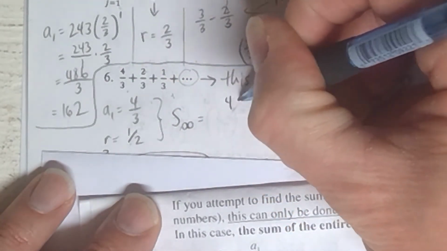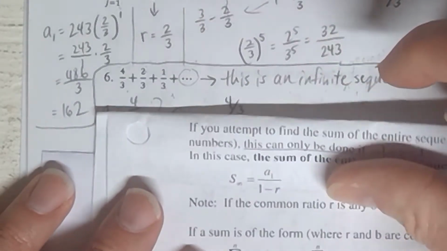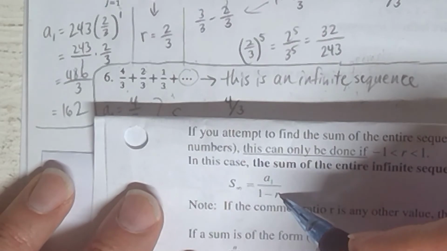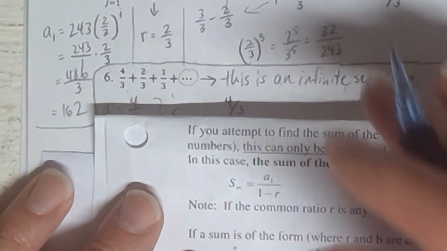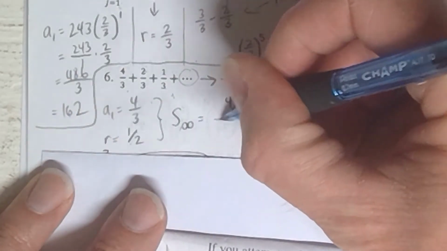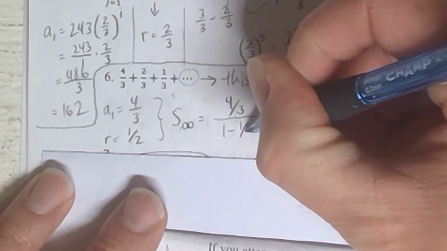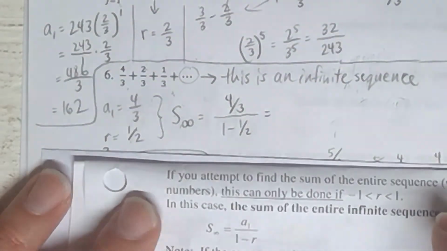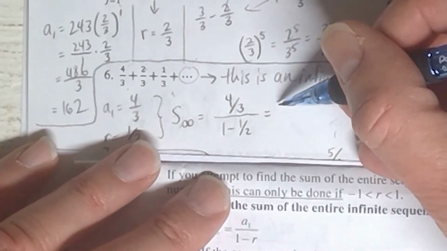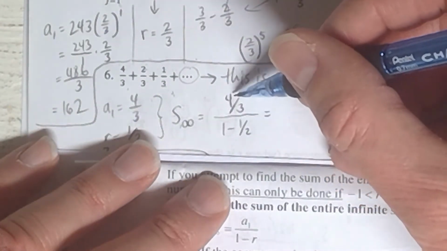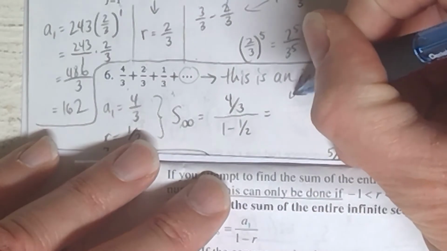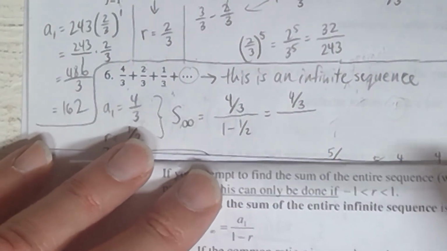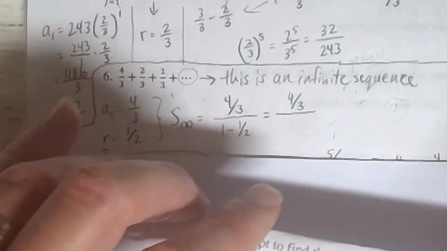The 4/3, as it says there in the formula, is going to go on the top because that's a1. And then the 1/2 is going to go right here because that's the r. Let me go ahead and do that. And then you just have to figure out what that fraction is equal to. Remember, as we've seen in previous problems, it's okay if you end up with just a single fraction on the top and bottom. Okay, and then you can do the reciprocal thing. But we do need to figure out what the top and bottom are equal to.